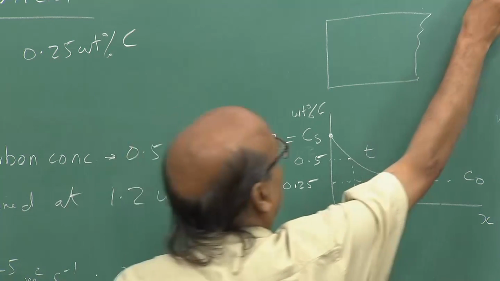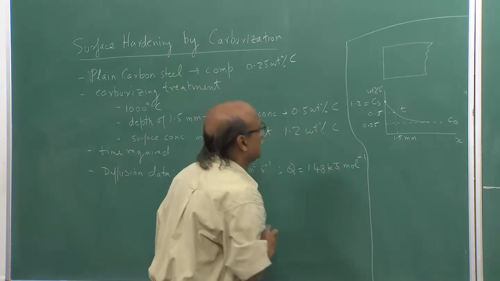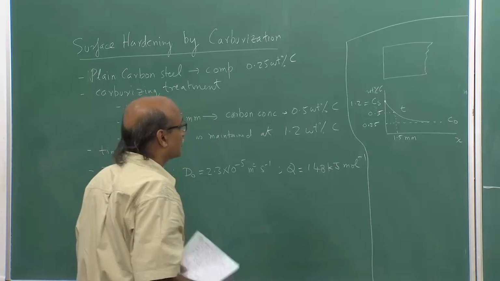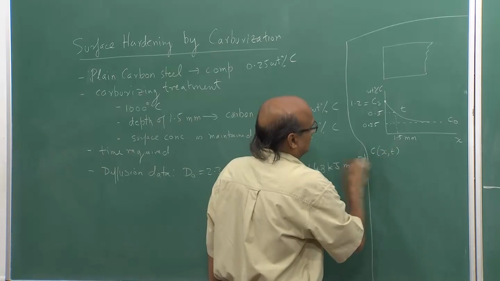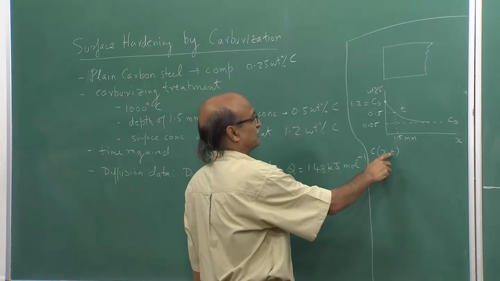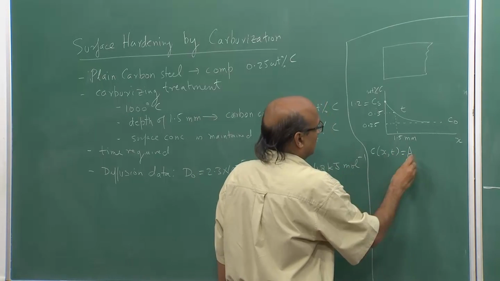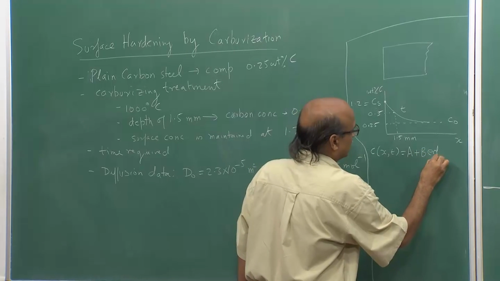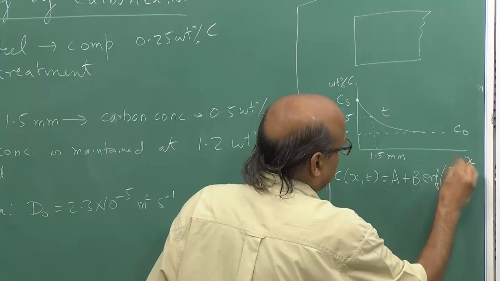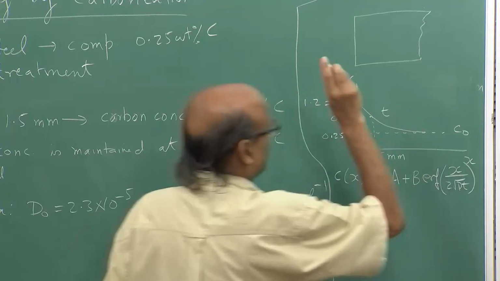Now, if you recall from the last lecture, I can write the concentration profile C(x,t), concentration as a function of distance and time, as a constant A plus another constant B times the error function of x divided by 2 root Dt.